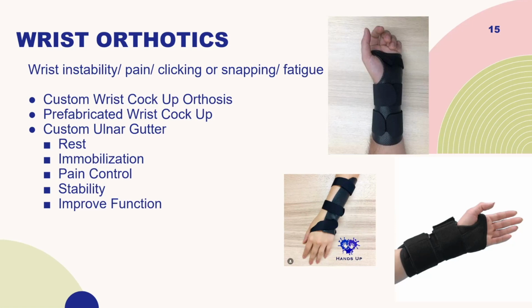So depending on the location, the patient is presenting with more instability and or pain, we will decide which splint is appropriate for the patient. The ulnar gutter splint, unfortunately, does not come as a prefab. However, the wrist cock-up does come as a prefab, and we have a photograph of that there. So depending on the patient, their insurance, and what would be easier for them, they can either get the custom one or the prefabricated one.